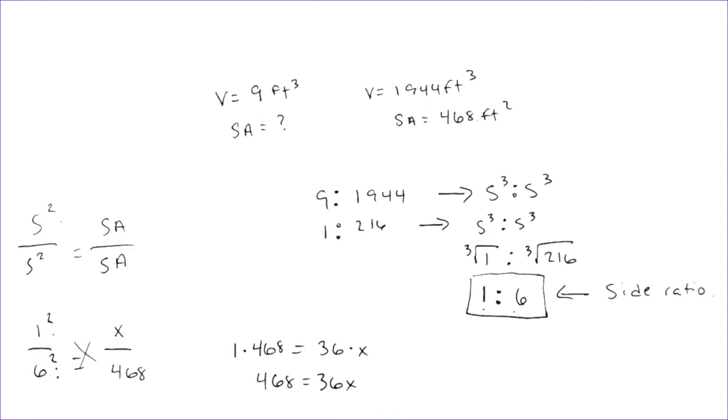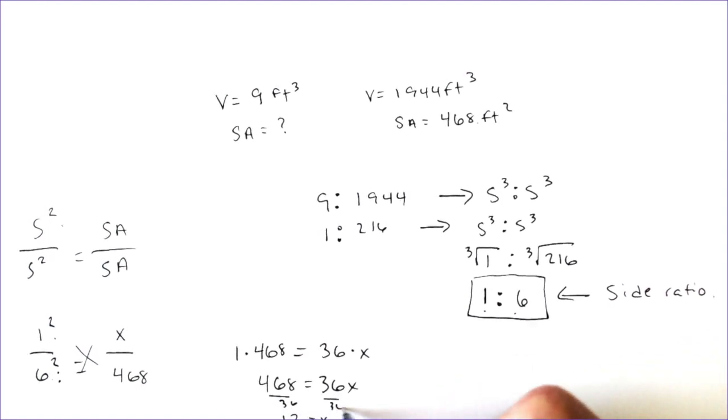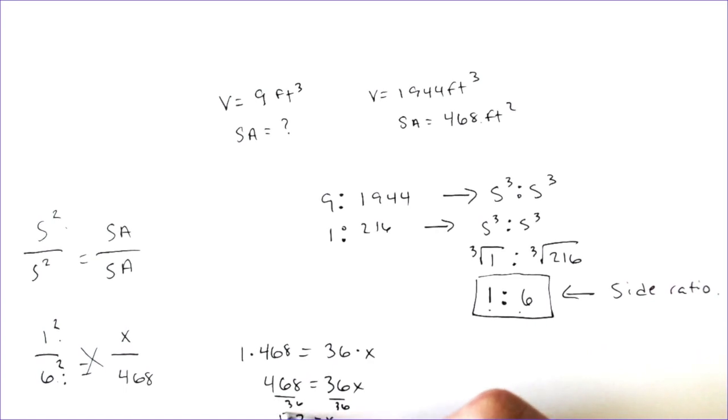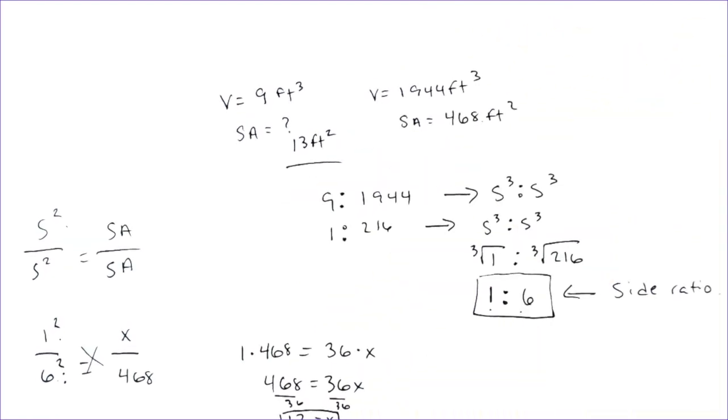And then we just have to divide 468 by 36. And you get 13 is equal to x when you divide by 36. And that, ladies and gentlemen, would be that missing surface area that we needed.